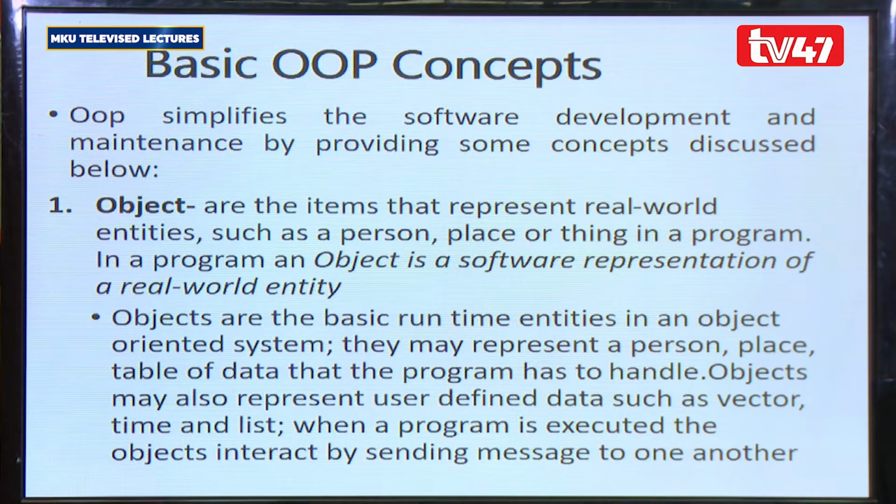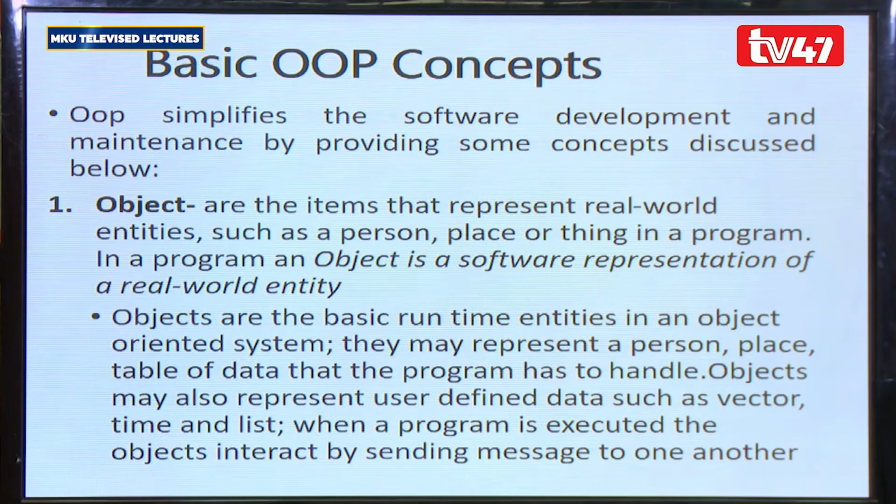We can say that objects are the items that represent real-world entities such as a person, a place, or a thing in a program. In a program, an object is a software representation of a real-world entity. Objects are the basic runtime entities in an object-oriented system, and they may represent a person or a place.